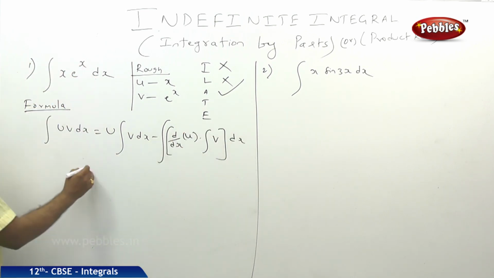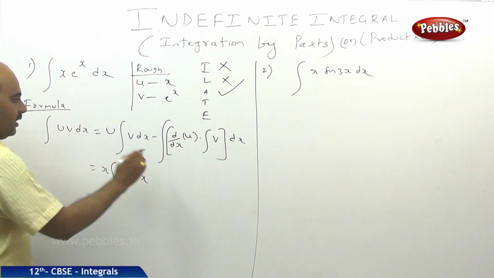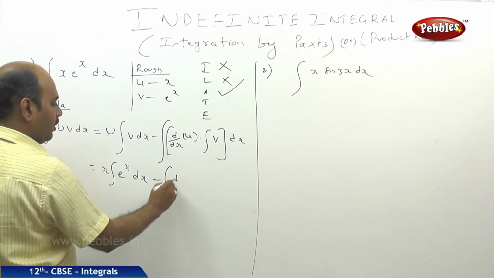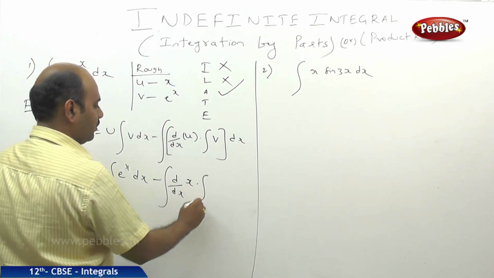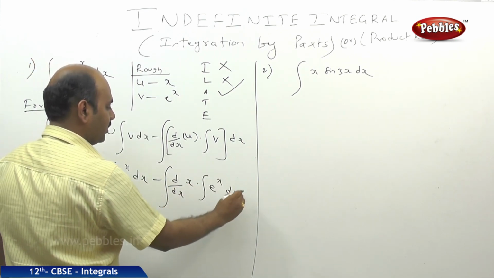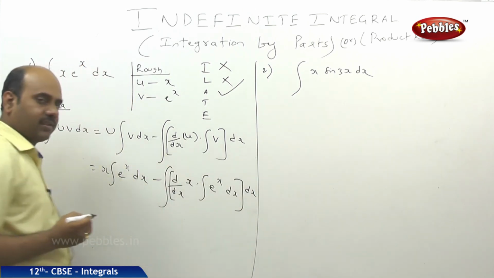So in place of u what is there for us? x, and here e power x dx, minus integral of d by dx of u, which means x, into integral of e power x dx. I will keep a bracket like this and again outside there will be dx.